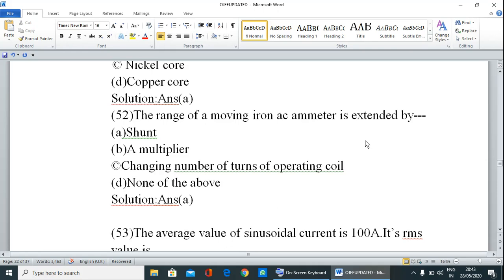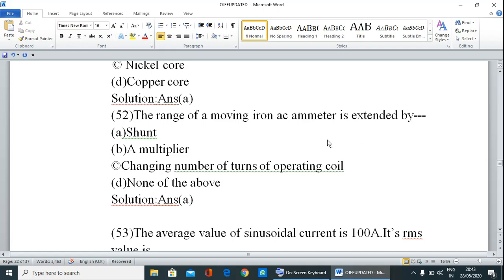Let us take a simple example. Suppose one ammeter is rated as 10 milliampere current. It means we can measure a maximum of 10 milliampere current by that ammeter. Suppose we want to measure 1 ampere current with that ammeter, then what do we have to do?